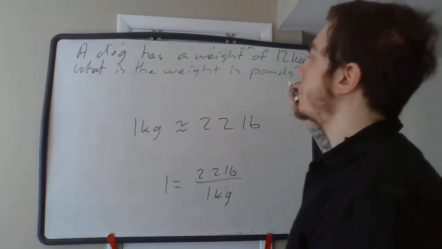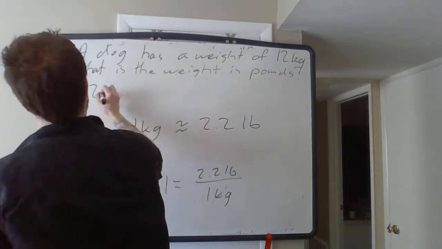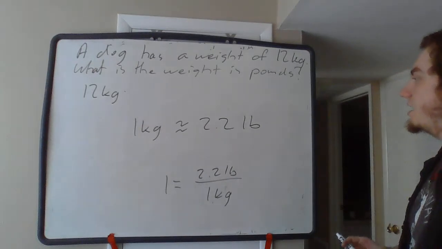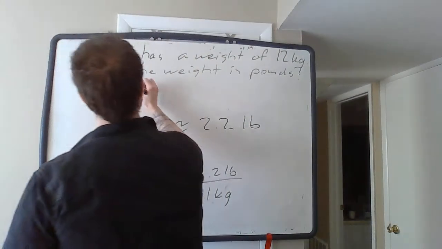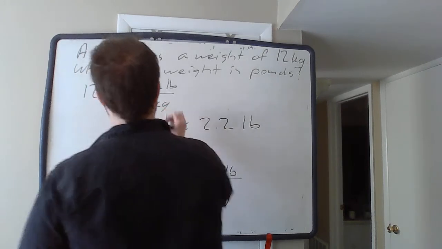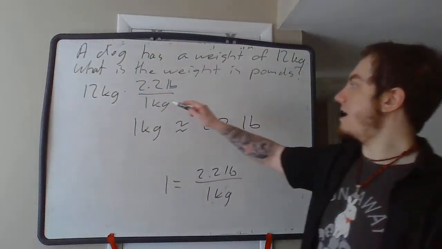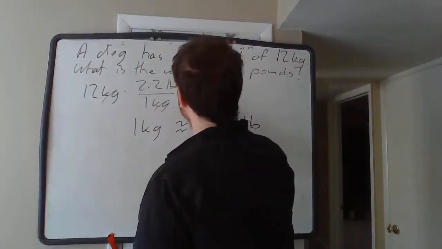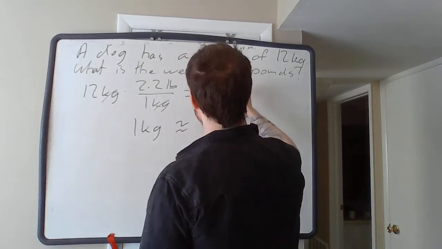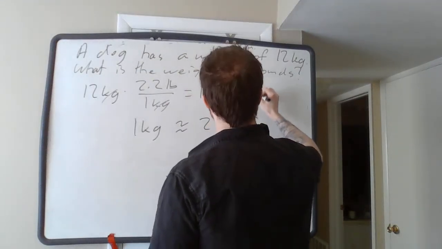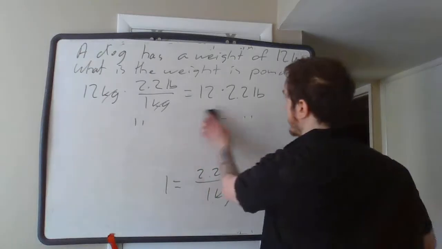So I'm going to take my 12 kilograms here, and I'm going to multiply this by 2.2 pounds over 1 kilogram. And when I do that, the kilograms are going to cancel here and leave me with 12 times 2.2 pounds.